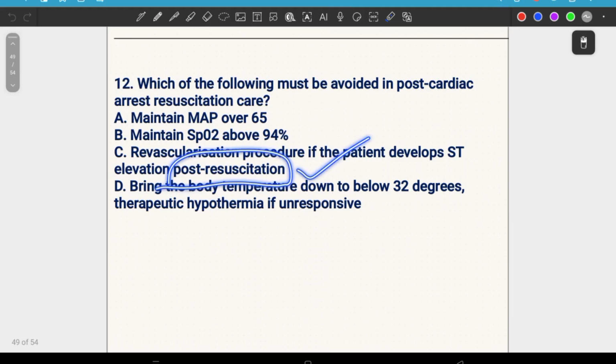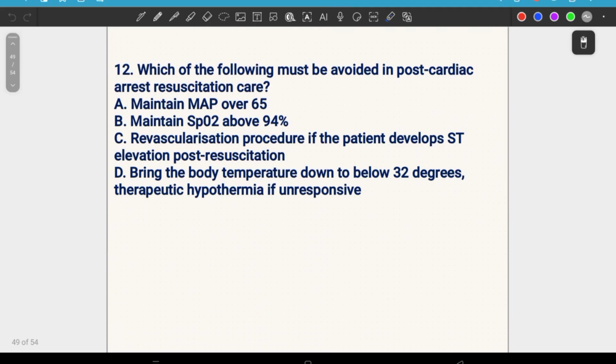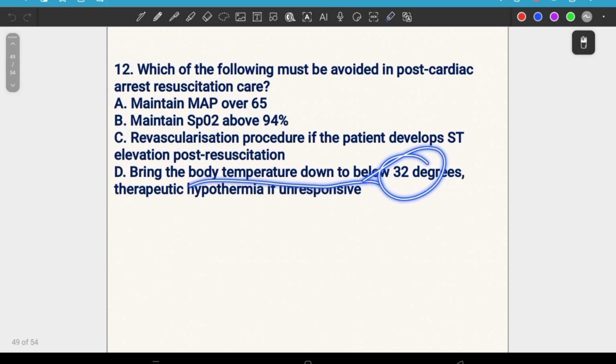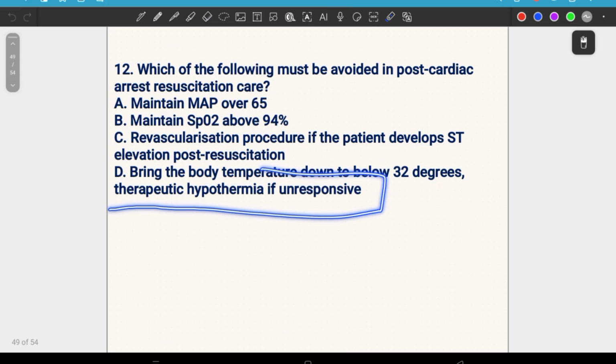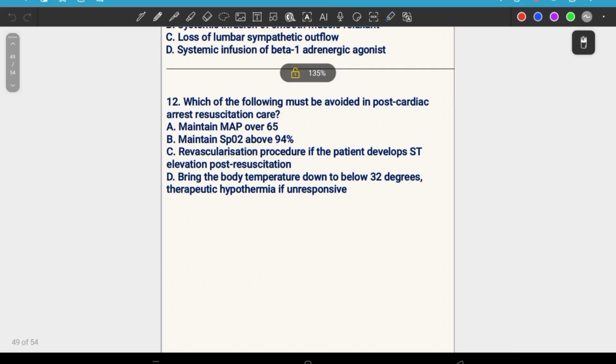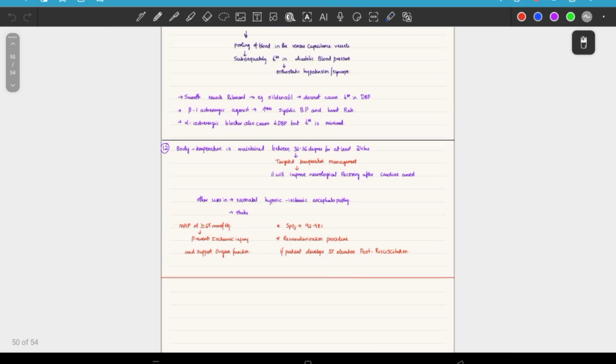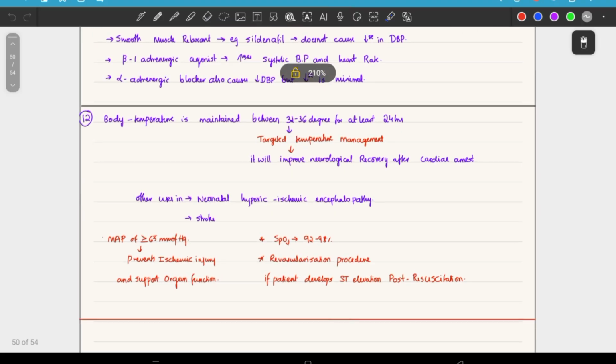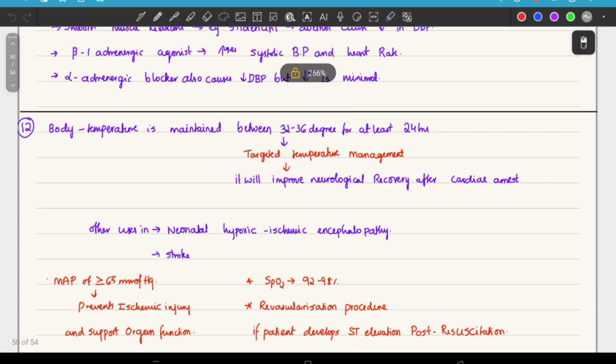Yes, we will do stenting and all, right? Bring the body temperature down below 32 degrees Celsius, therapeutic hypothermia if unresponsive. No, we have to maintain the temperature at 32 degrees Celsius, not below that. Body temperature is maintained between 32 to 36 degrees Celsius for at least 24 hours.